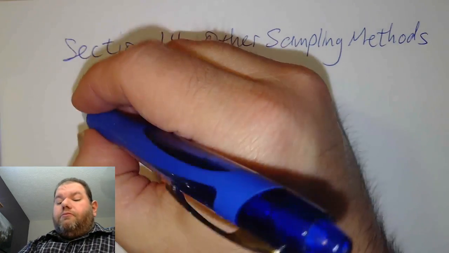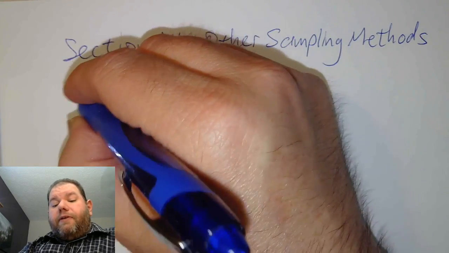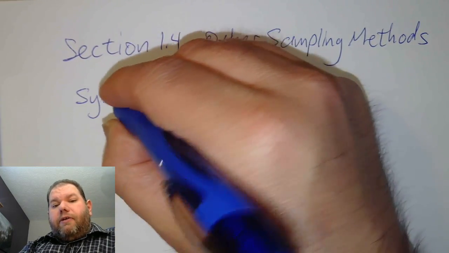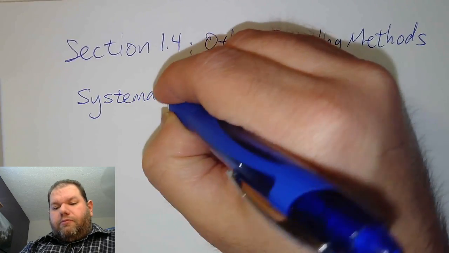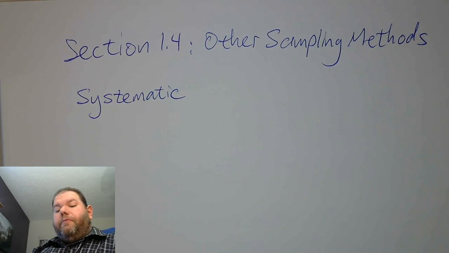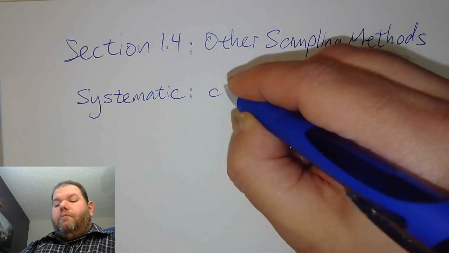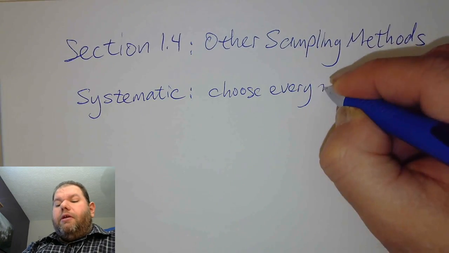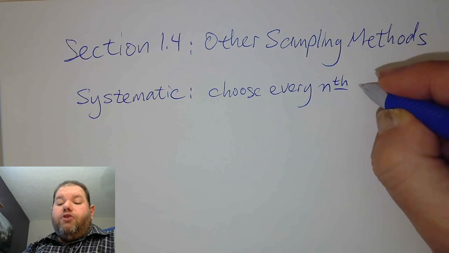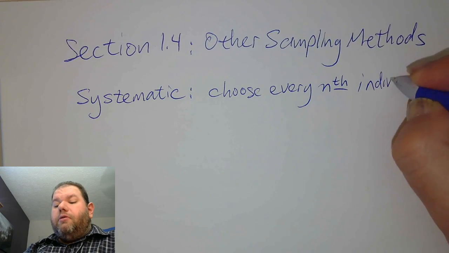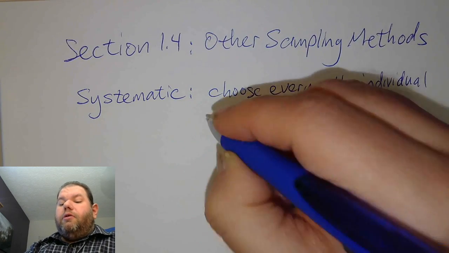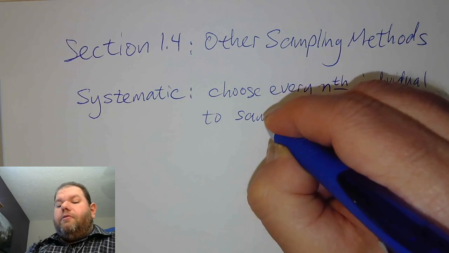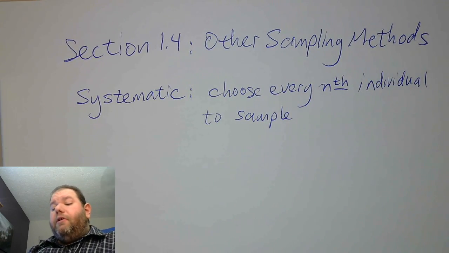So the first method that we'll talk about in this section is what we call systematic sampling. In systematic sampling, the idea is that we choose every, and I'll say nth individual to sample or gather data from in this case.